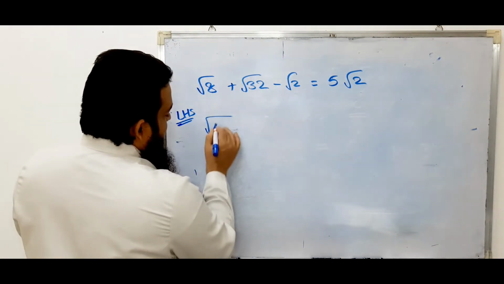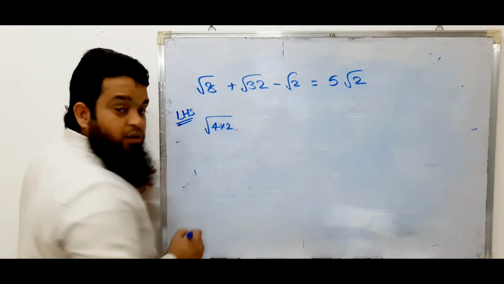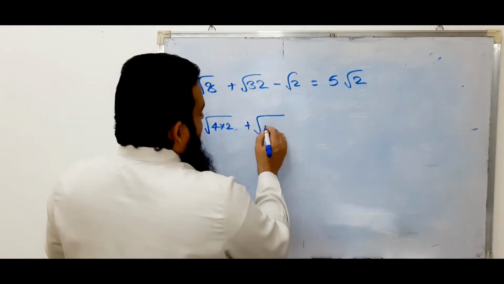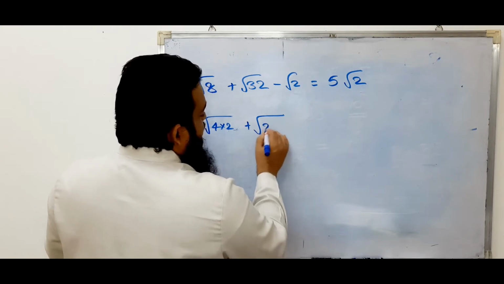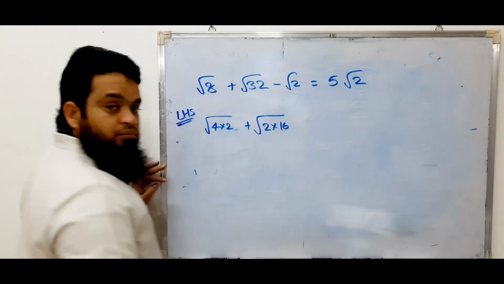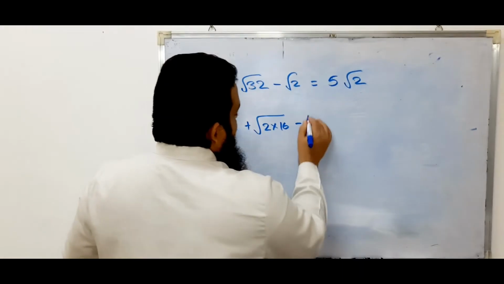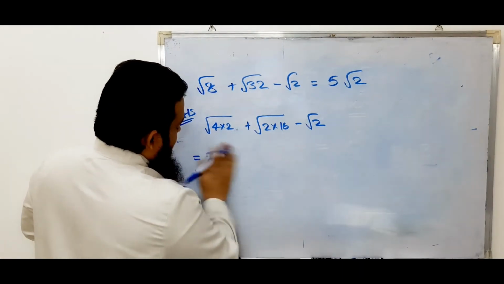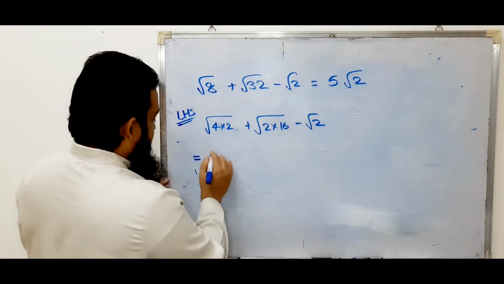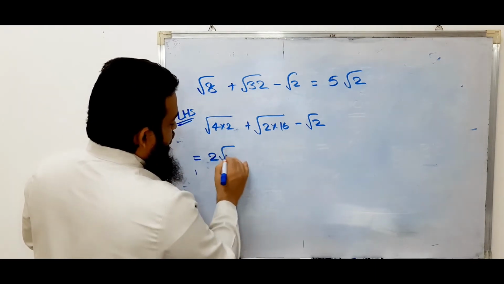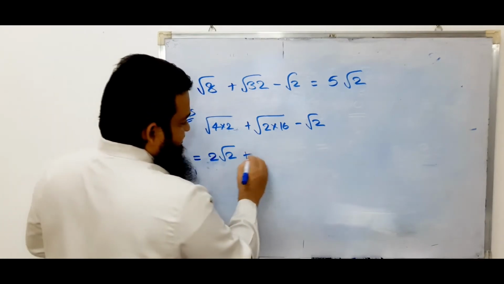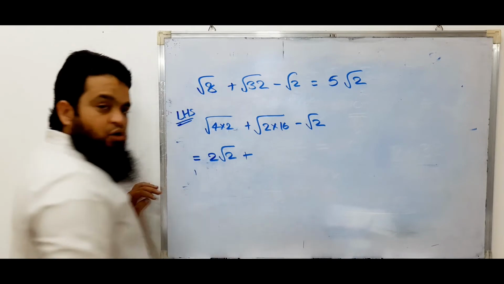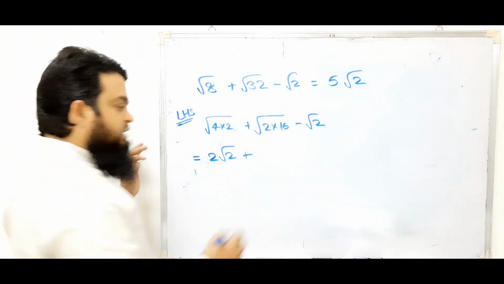Can we write it as 4 times 2? Yes. Now, here 32, can we write it as 2 times 16? Yes, we can. Minus root 2. So that equals, what is root 4? 2, and root 2. 2 root 2 plus root 2 we cannot simplify, but root 16, yes, it is 4.